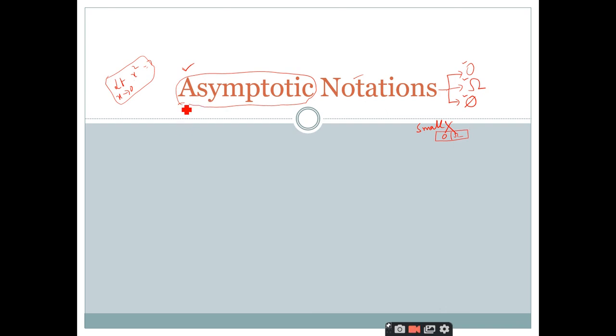So asymptotic, have you got any idea on this? Yes or no? No, sir. Right. So asymptotic is a mathematical term which says that you are approaching nearer to a value, right?